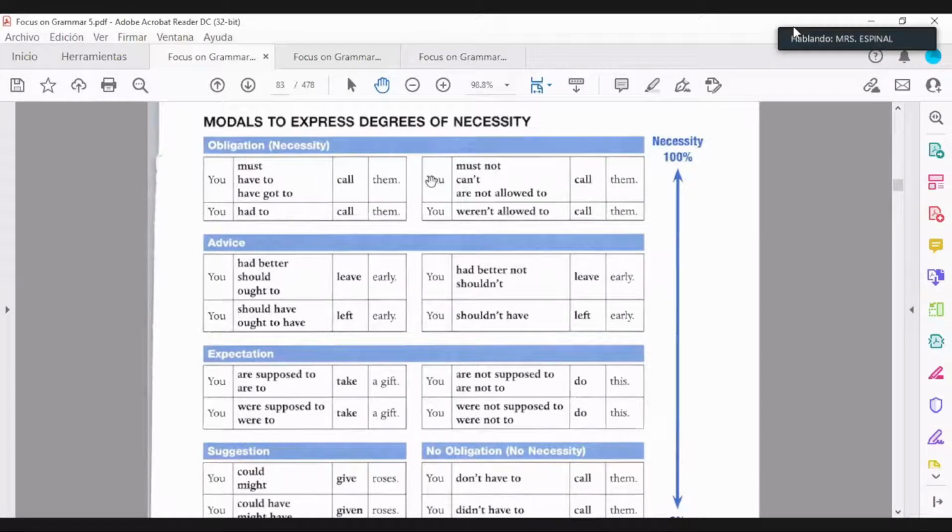Now you must not, you can't, or you are not allowed to call them. You weren't allowed to call them. For advice, okay? You had better leave early. You should leave early. You ought to leave early.